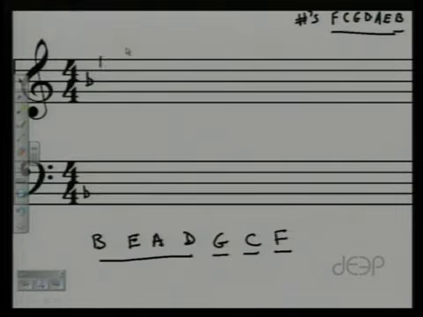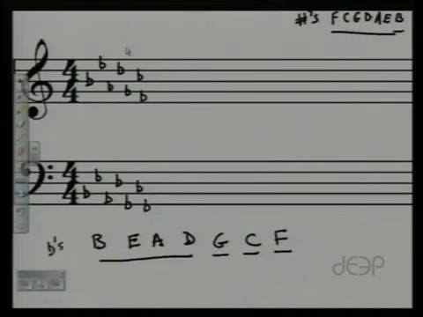Two, B and E. Three, B, E, and A. Four flats, B, E, A, and D. If there are five, B, E, A, D, G. If there are six, B, E, A, D, G, C. And then the last one, of course, is F. And there are your key signatures for flats.